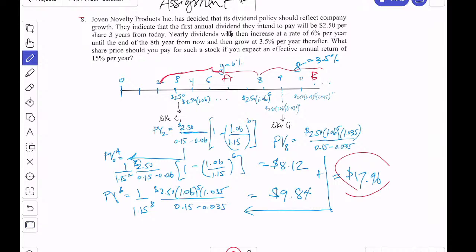Do you know how to enter all of this into your calculator? No questions, okay.